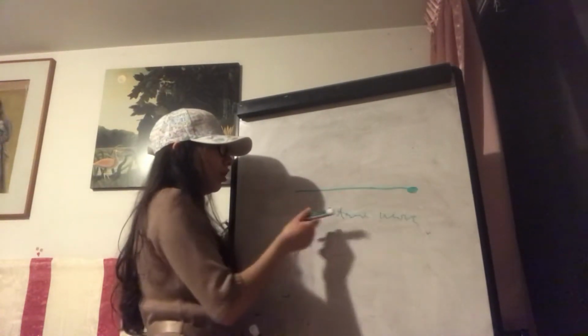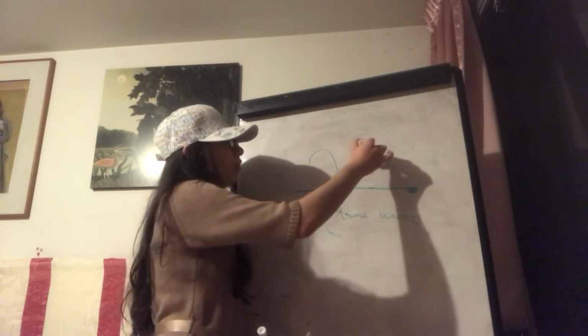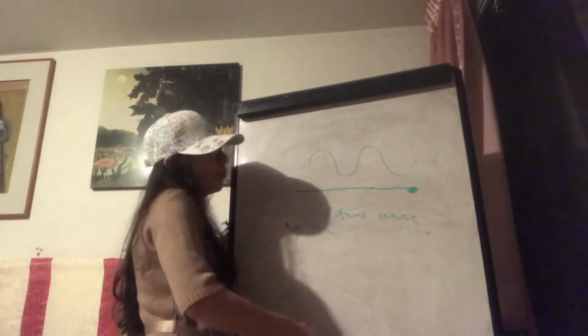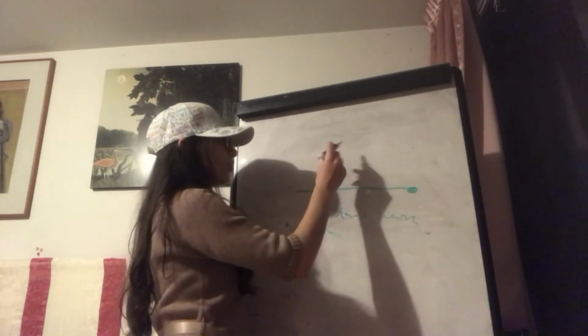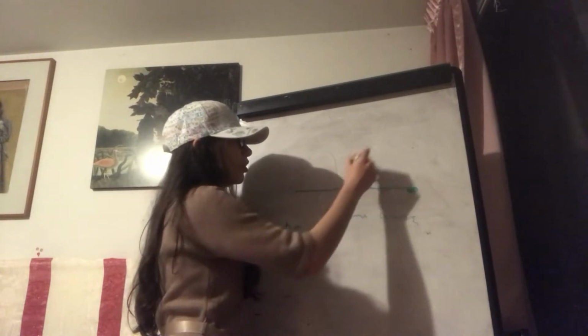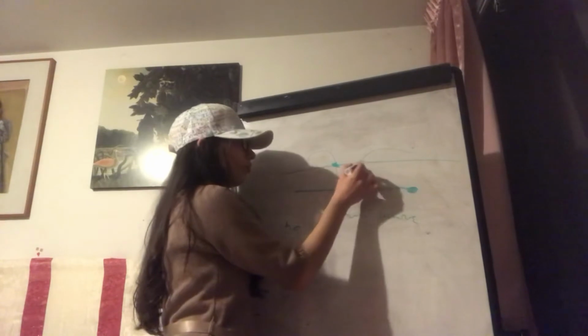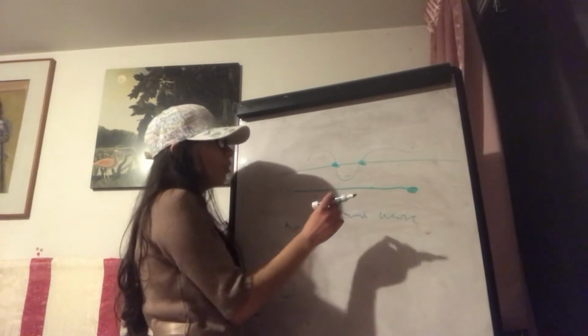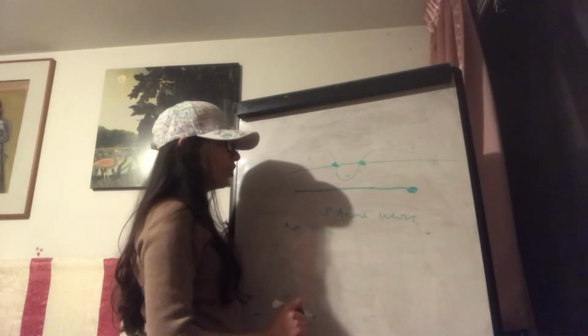So here we use this, and we will see the wave like this, but there is no propagation of the wave. There are points at which there is no movement of the particle, and because there is no movement, the displacement is 0.